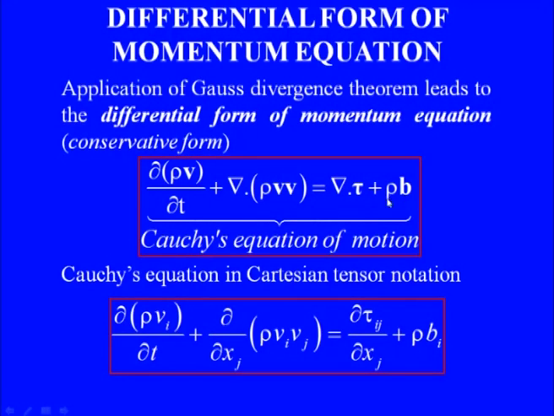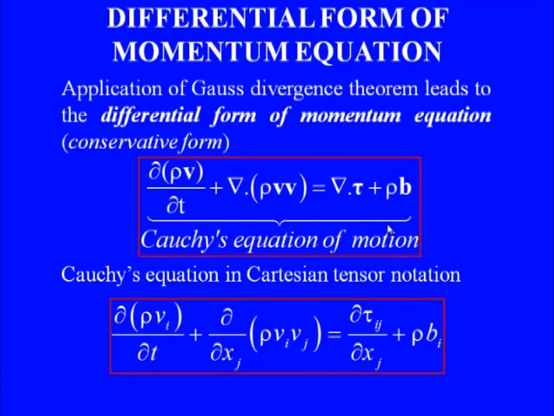In a given problem, we have to obtain what the density would be. We would like to find out what are the velocity components at each point in the flow domain. B would normally be specified. But how about tau? If you combine the Cauchy equation with our continuity equation, it gives us an equation for transport of density, so that is one equation, and the Cauchy equation of motion represents a set of 3 equations.